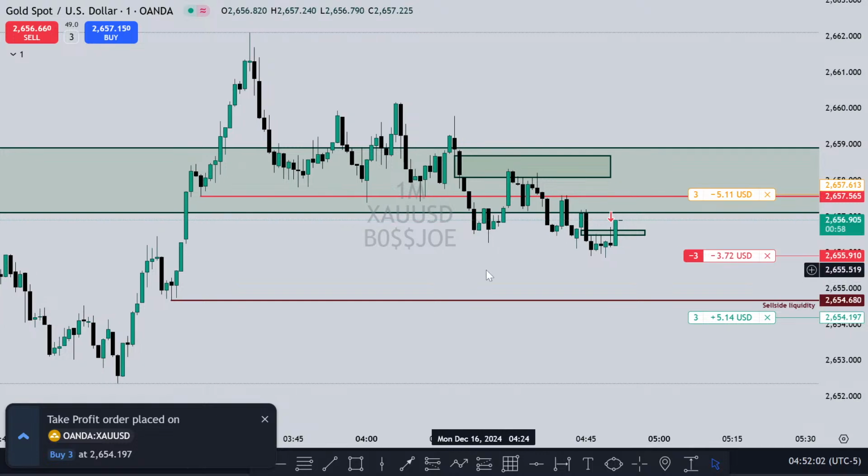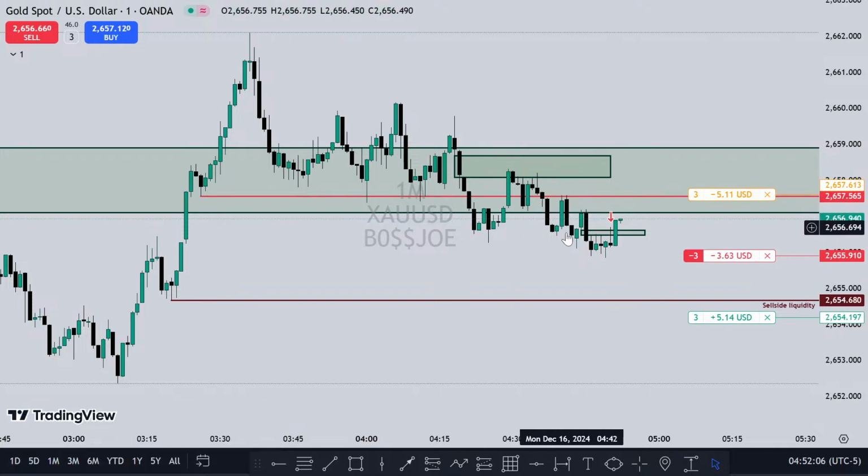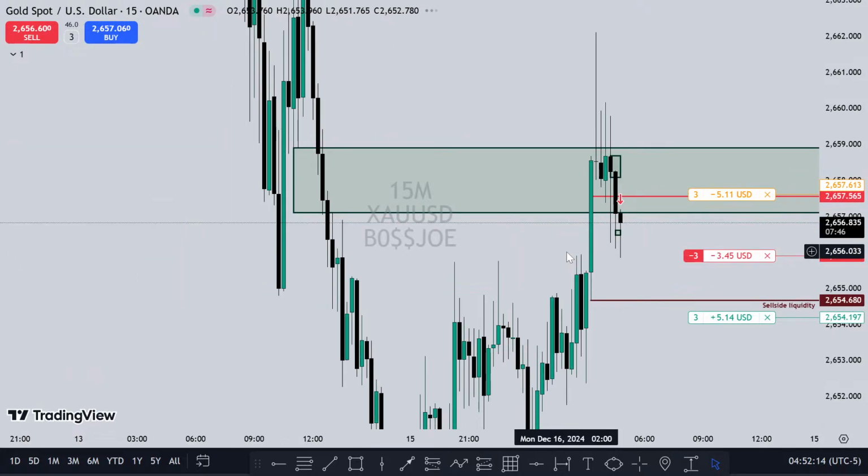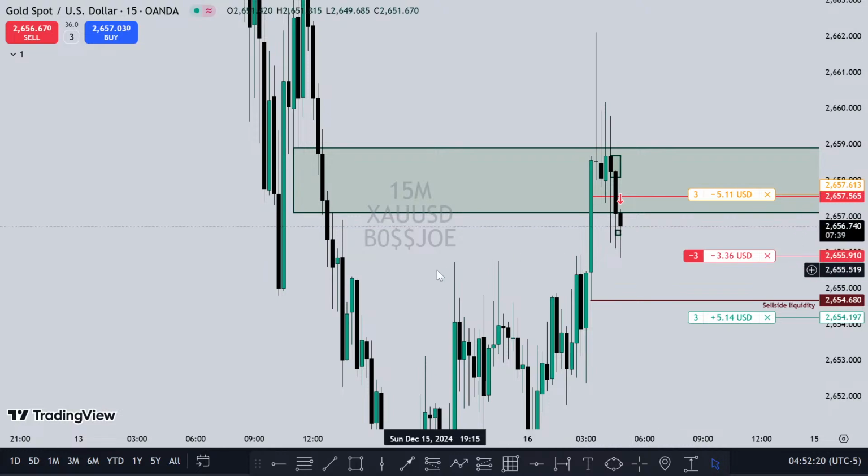So if it breaks above the structure, that means I'm wrong and I might look for another setup, because now remember it's inside the 15 minutes fair value gap as well. See this fair value gap, I wanted to see it disrespected because it is in the 1 hour fair value gap.